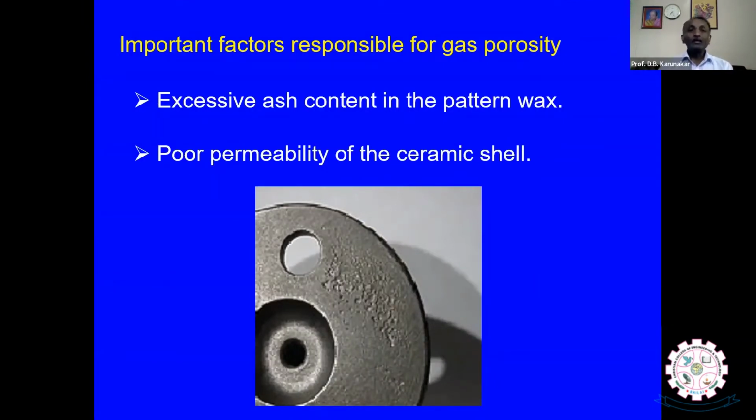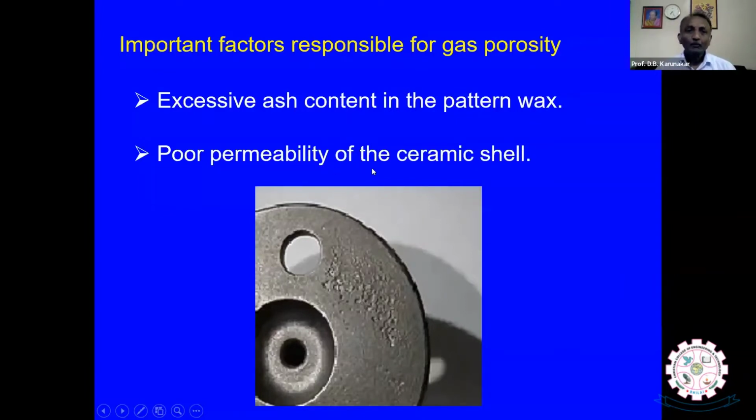Now you pour the molten metal. Actually, the shell has tiny passages, but because of this ash content deposited on the surface of the ceramic shell, the hot gases cannot escape through the passages. So, excessive ash content in the pattern wax is responsible for gas porosity.